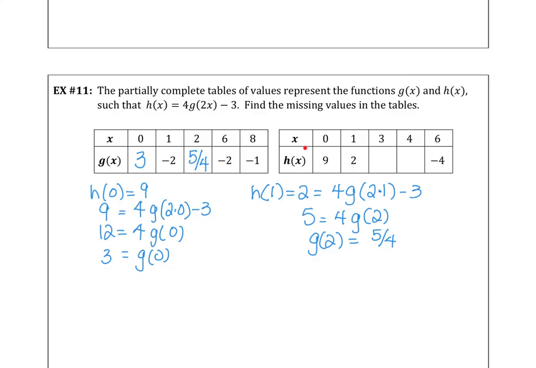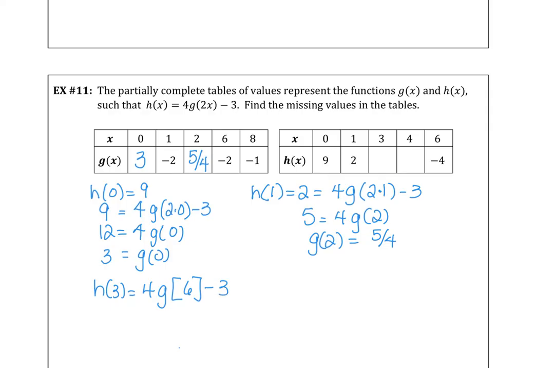Now let's look at the h of 3. We don't know the h of 3, but we can use the rule to help us figure that out. So the h of 3 is 4 times the g of 2 times 3, that's 6, and then minus 3.